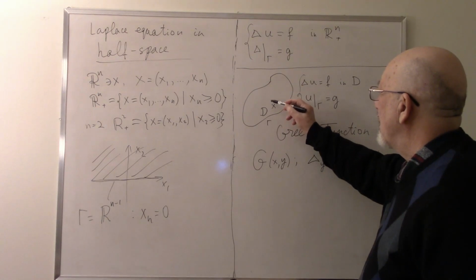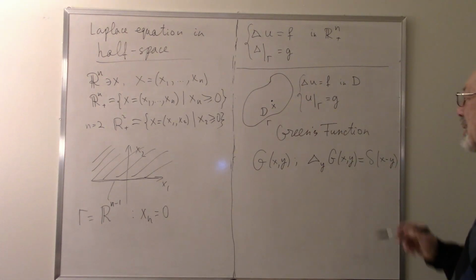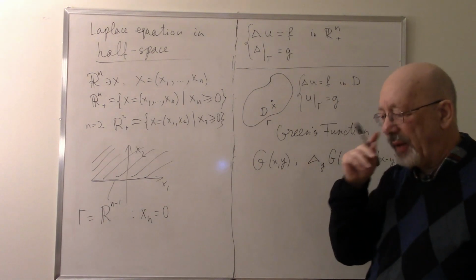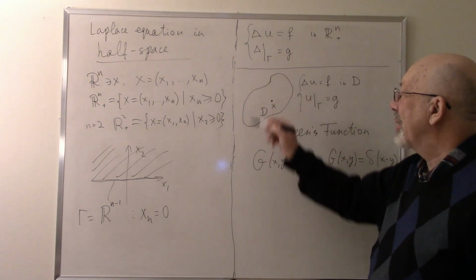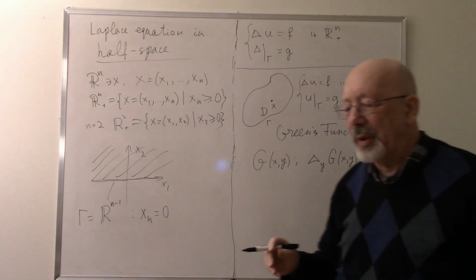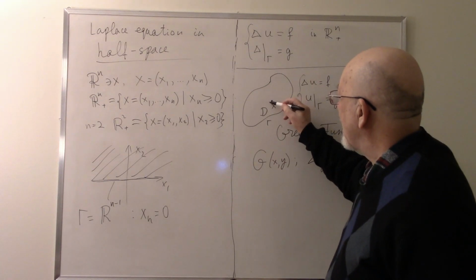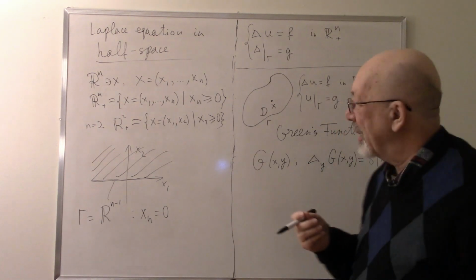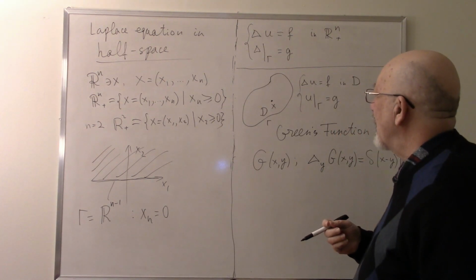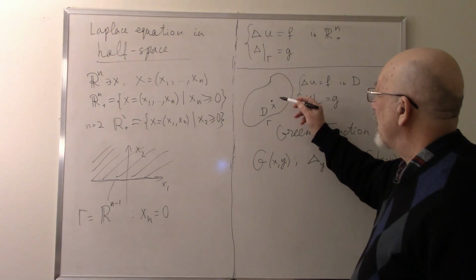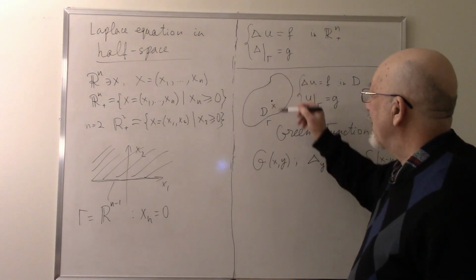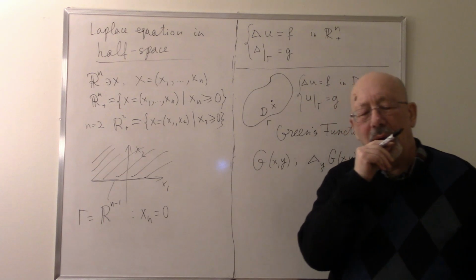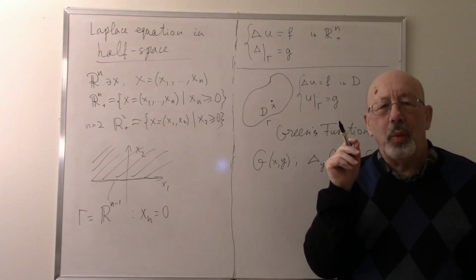And if you ask what it means that Laplacian is delta, this means that if you modify this function a little bit, then Laplacian will be 0 outside of a small ball of radius epsilon, the modified function will be harmonic outside this epsilon, and the integral of the Laplacian of this modified function over this small ball is 1.